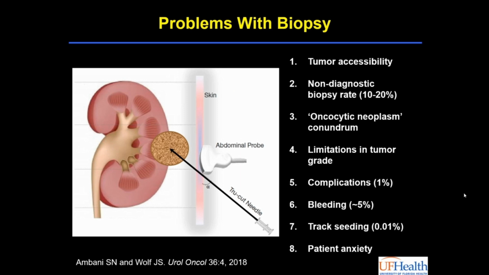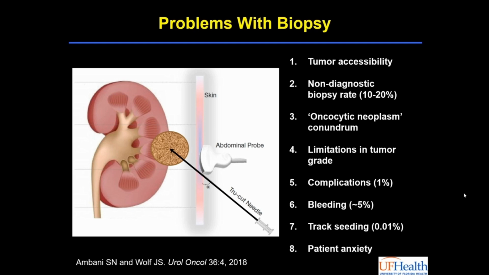Now, I mentioned problems with biopsy. So kidney mass biopsy has particular problems. Number one, sometimes the tumor in the kidney is in a location that it's difficult to access. So trying to put a needle into the tumor is not always easy because it may be in a precarious position or near adjacent organs that may be at risk.